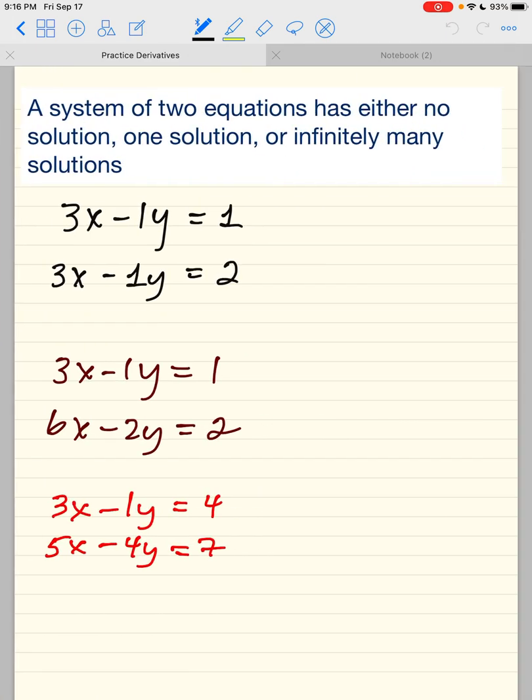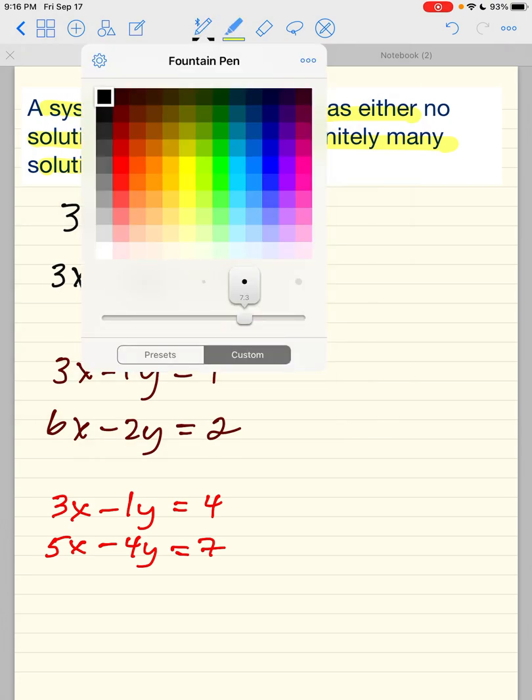A system of 2 equations has either no solution, 1 solution, or infinitely many solutions. Well, basically in algebra, you learned that if 2 lines are parallel, they're never going to touch.